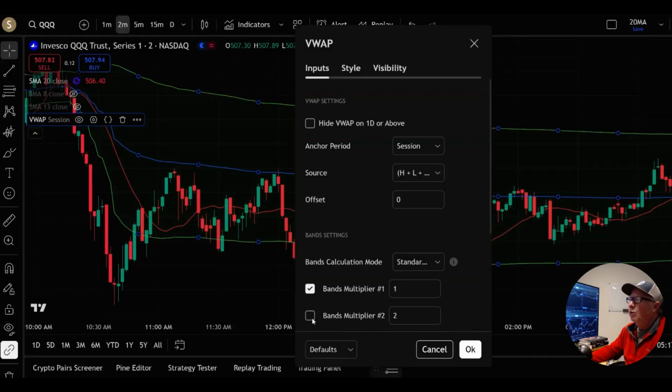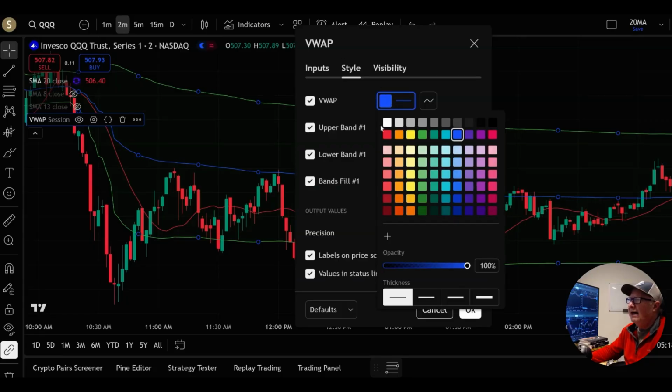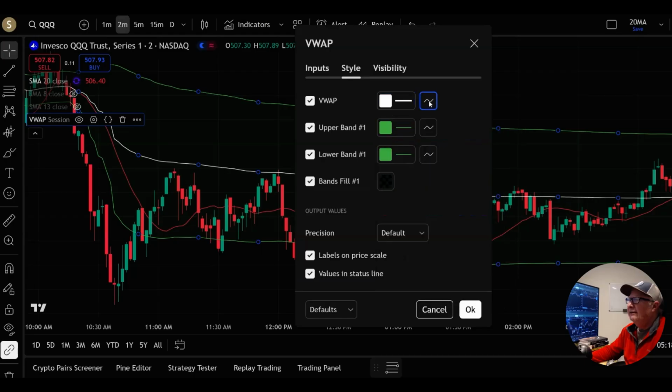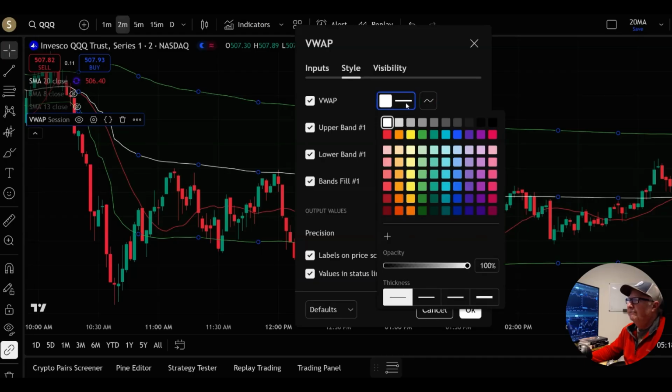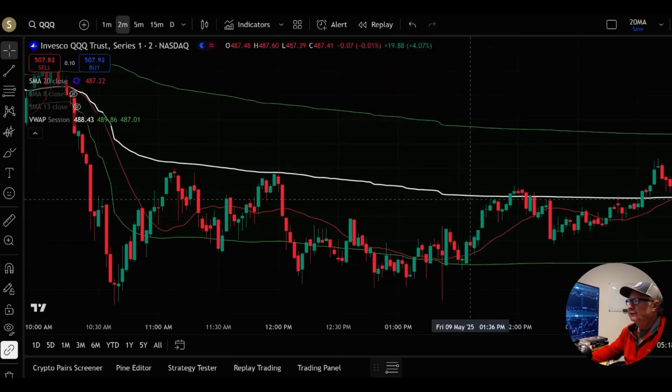I'm going to go back to just one standard deviation. I'm also going to make VWAP white. So I'm clicking on style and just making it white so it really shows up and it's easy to see in this black background. And I'll make the line a little bit thicker so you guys can see it. Now we have VWAP on our screen.